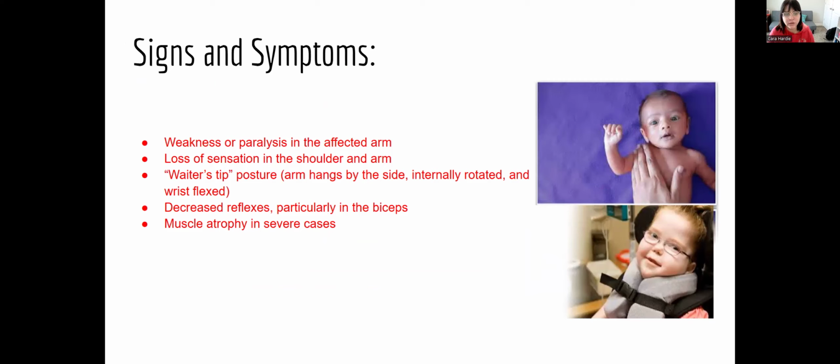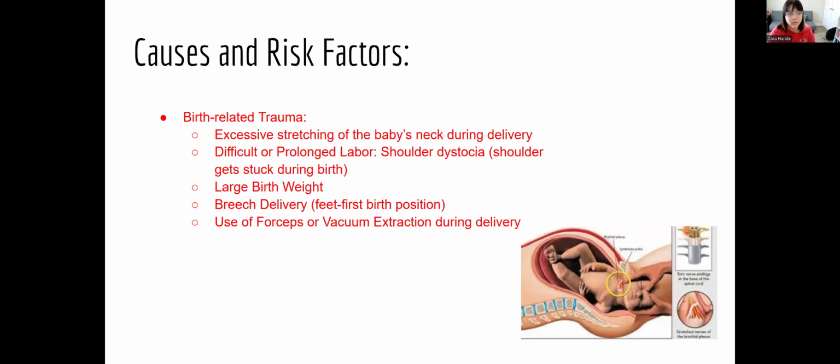And then we have decreased reflexes, particularly in the biceps, and then muscle atrophy in severe cases. Here I just have an infant because that's where it occurs. And then you can kind of see where he's leaning towards that side. And then here, when you get older, some people in severe cases have to wear neck braces or something like that because you don't want to put a lot of pressure on that side.